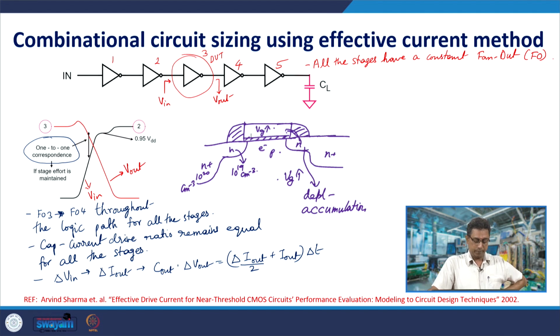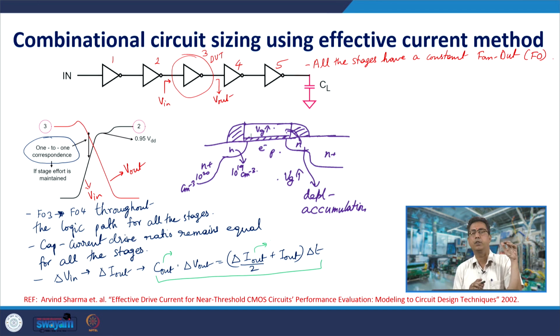Since you are matching the fan out ratio throughout the inverter chain, we can see that the current I out and delta I out is not changing. It is increasing by the same ratio. For example, if you are increasing the fan out ratio from fan out 3 to fan out 4, then compared to the first stage, the second stage would have an increase in output capacitance of 4 by 3.